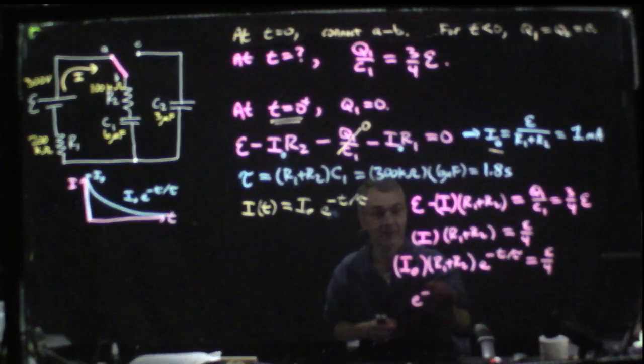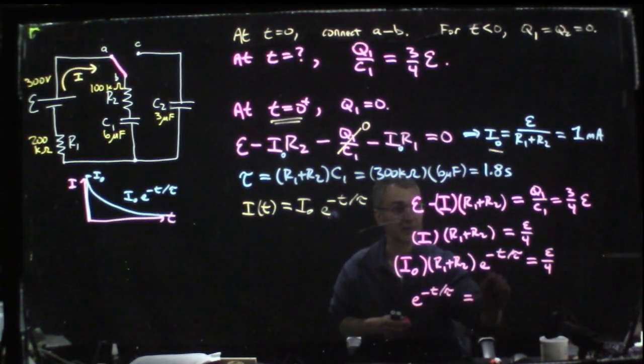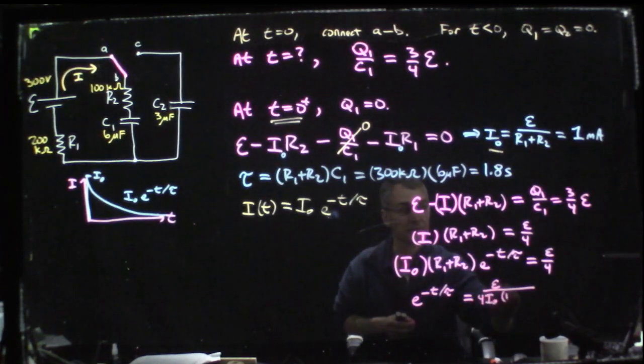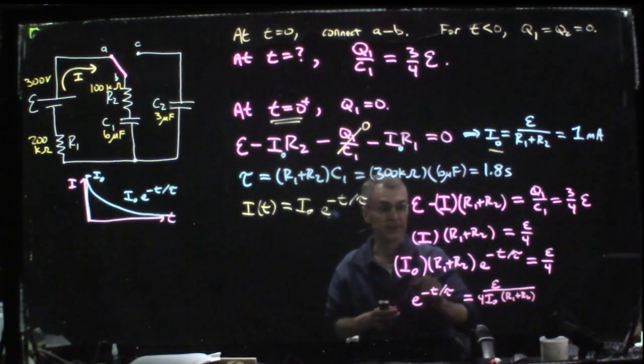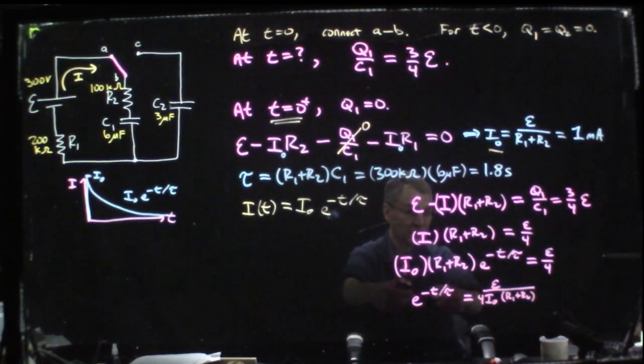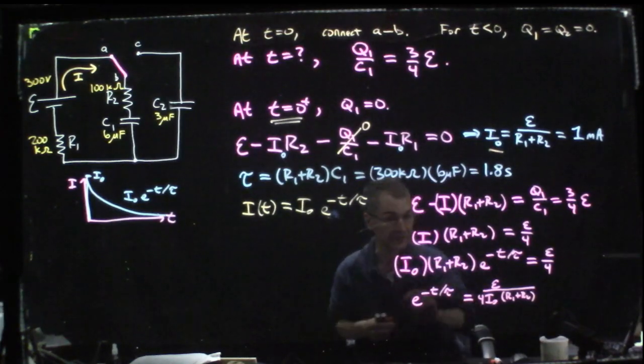So e to the minus t over tau equals the battery voltage divided by 4 I0 R1 plus R2. So then, okay, if I take the reciprocal of this, then it's actually e to the plus t over tau. Then that's the reciprocal of this. And then I take the logarithm of both sides.